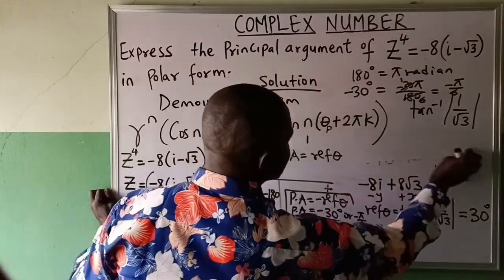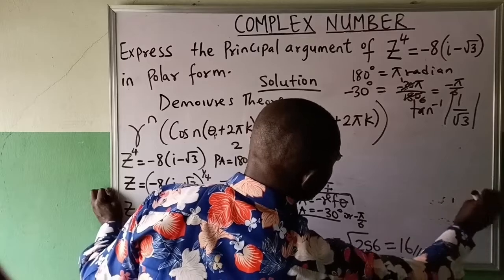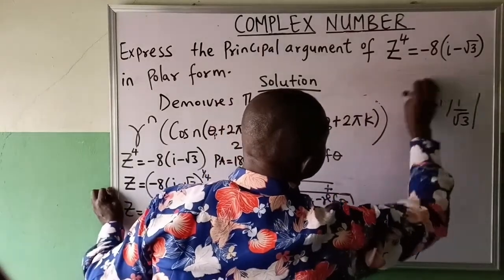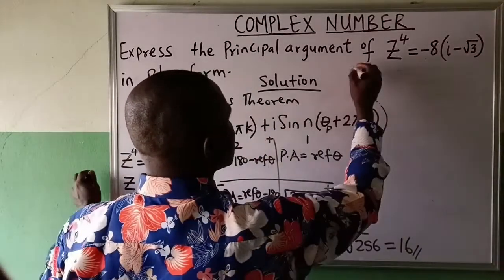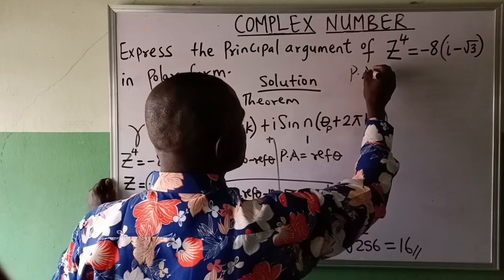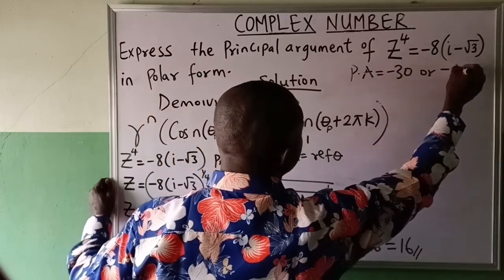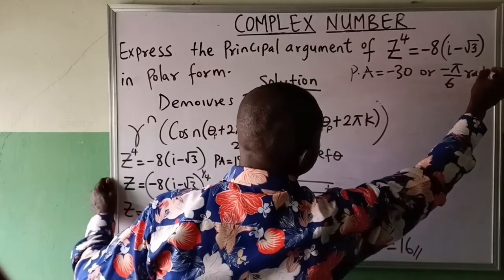So let's clean everything since we have gotten our PA. I will write it on the top here. We say we got our principal argument to be equal to minus 30 degrees or minus pi over 6 radians.